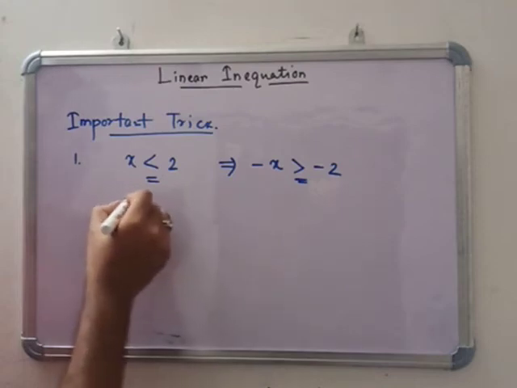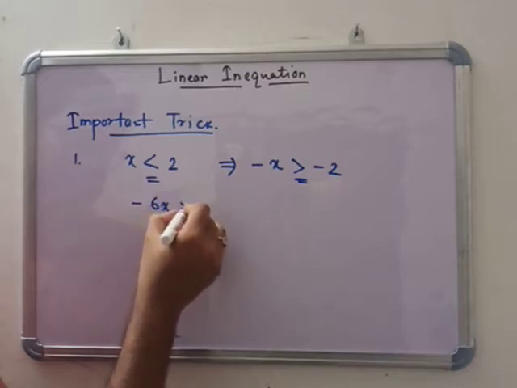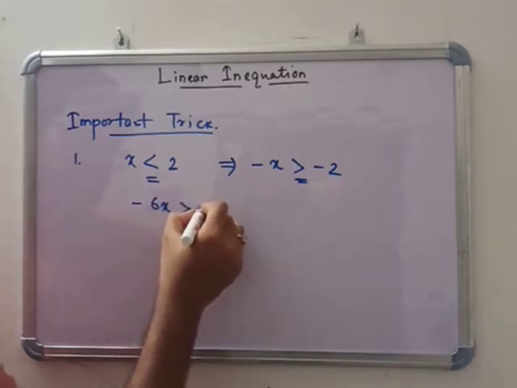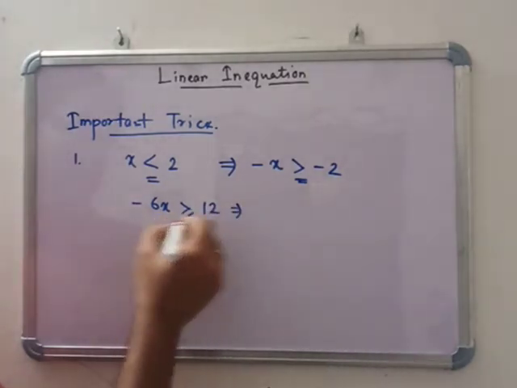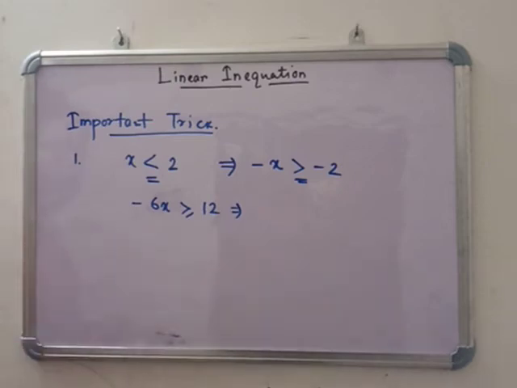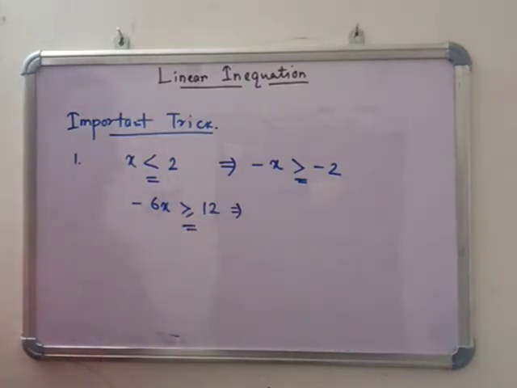Similarly, suppose minus 6x is greater than or equal to 12 is given. If we divide by minus 6 on both sides, then also this sign will be changed.